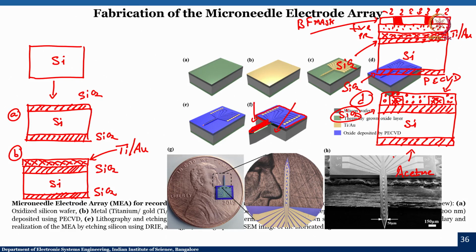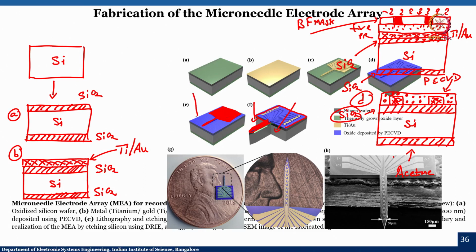So, in this case I will have a photoresist which will cover my needle and this part like this and everywhere here. I will coat photoresist and pattern it using lithography like this.